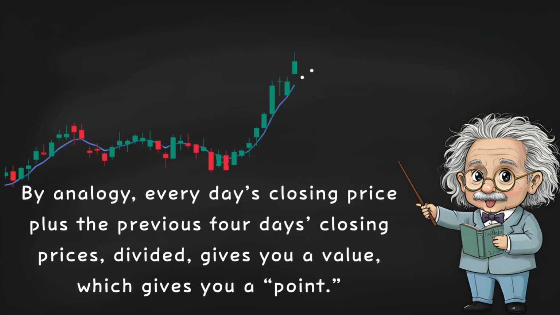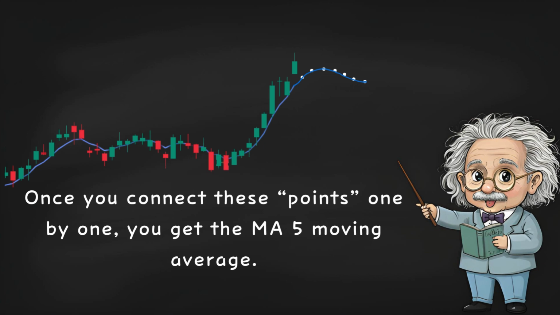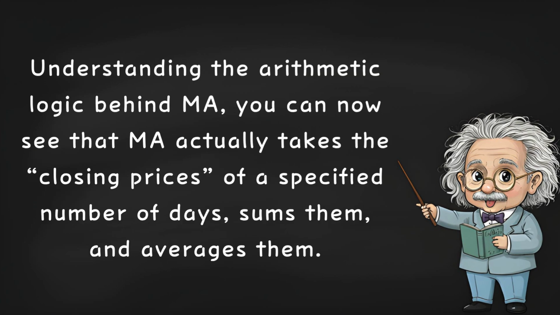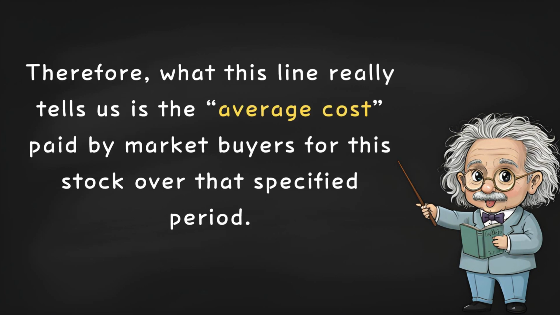By analogy, every day's closing price plus the previous 4 days' closing prices divided gives you a value, which gives you a point. Once you connect these points one by one, you get the MA5 moving average.